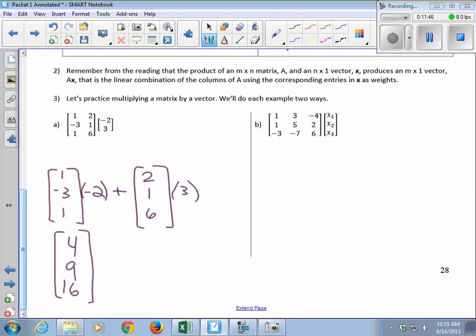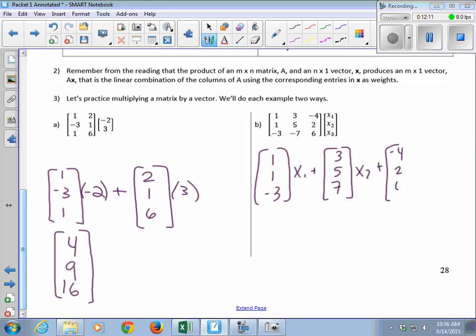All right, so I'm going to do it the original method that I showed you. So I take each column of my matrix and multiply it by a weight from my vector. So I'm going to have 1, 1, -3 times x1 plus 3, 5, 7 times x2 plus -4, 2, 6 times x3.